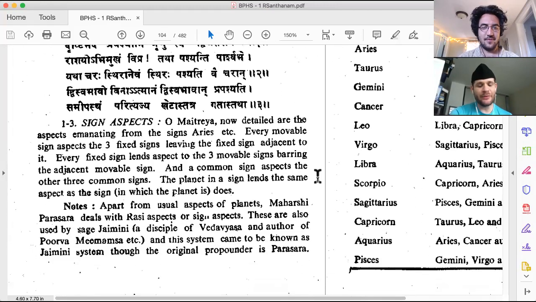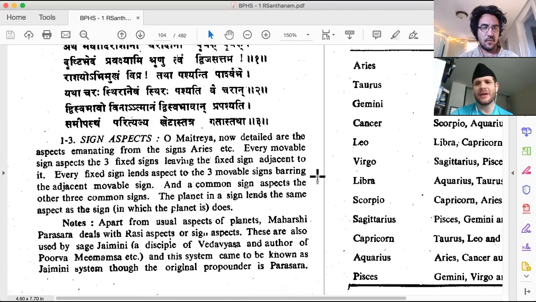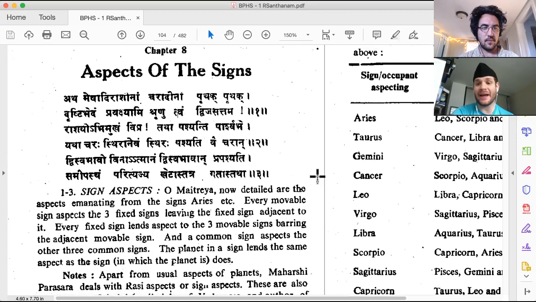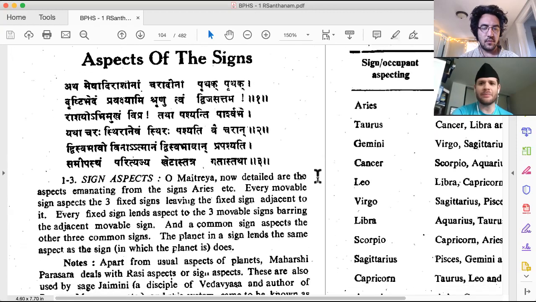So we start with chapter 8, and it's kind of a weird chapter because he says the same thing two times. We're talking here about the sign aspects, and this is very curious because we're seeing them in this book before planetary aspects.